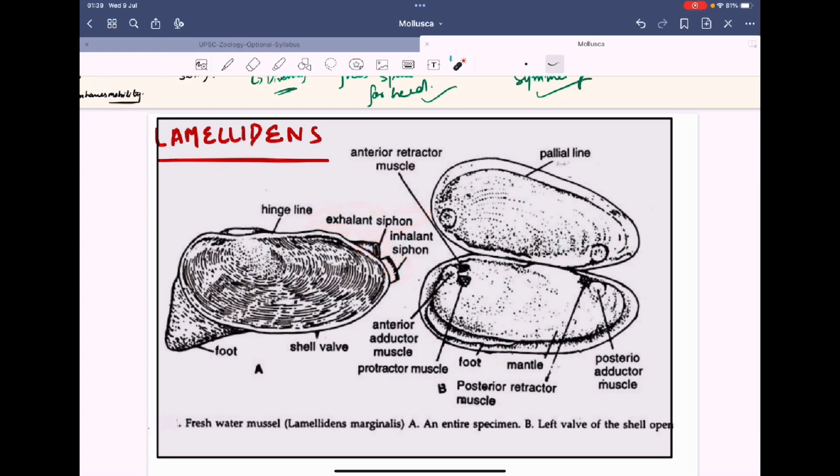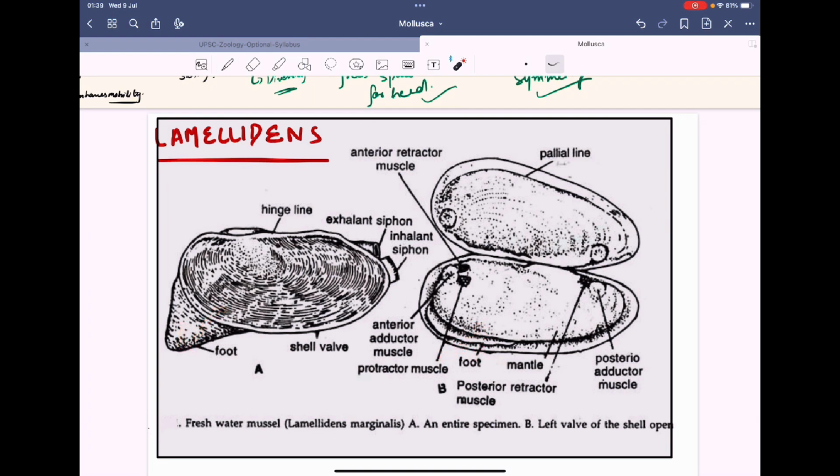It has anterior adductor muscles, posterior adductor muscles, a pallial line, the visceral mass inside it, the mantle cavity, the retracted foot and the protracted foot. So this is the whole structure of the lamelliden.